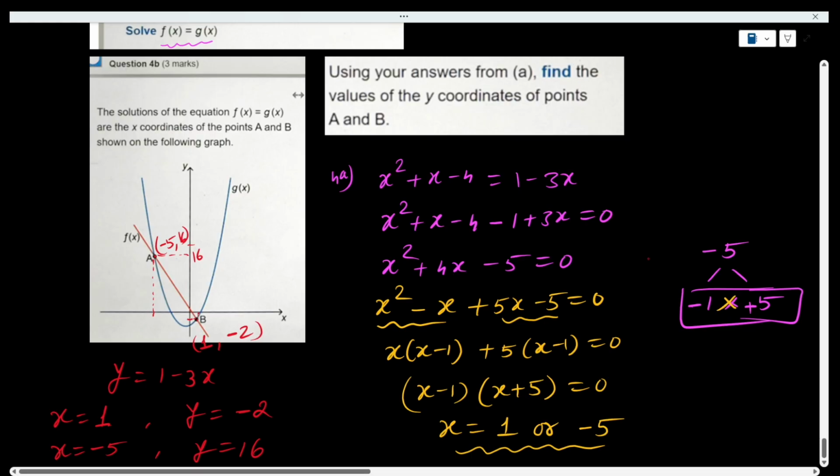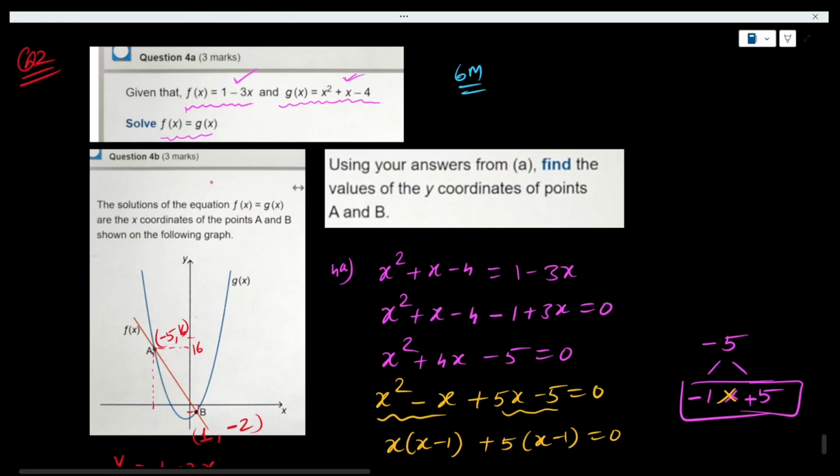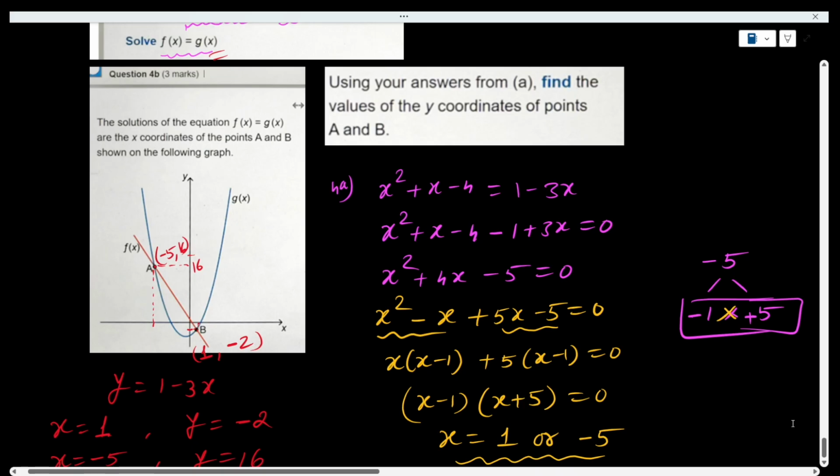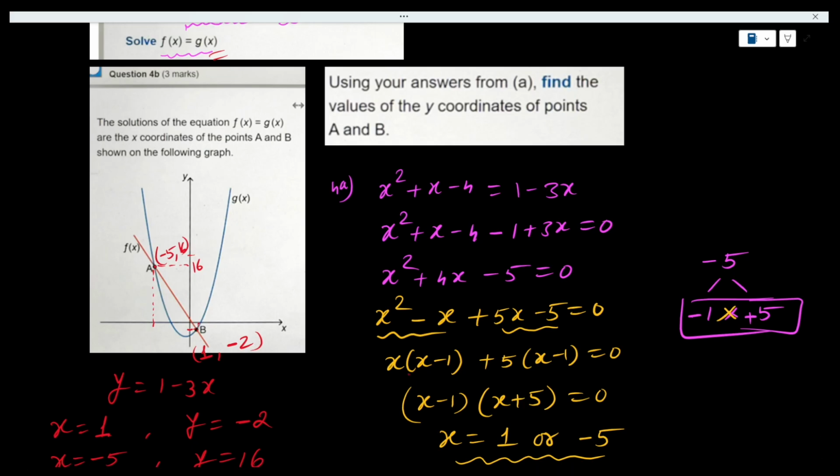Right, so in part A we solved f of x and got the x values, and here the y values you can also get. Now what is written in part B? The solutions of f of x and g of x are the x coordinates of the points A and B shown in the following graph. Using A, find the values of the y coordinates. So this part is 4B, which I have solved.